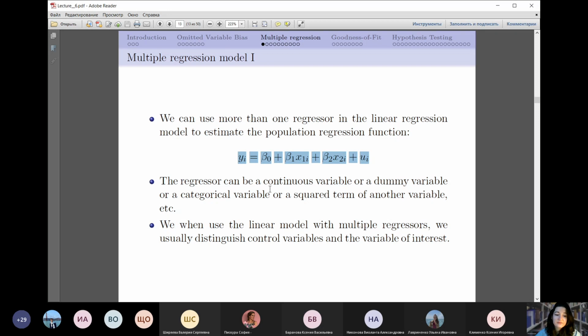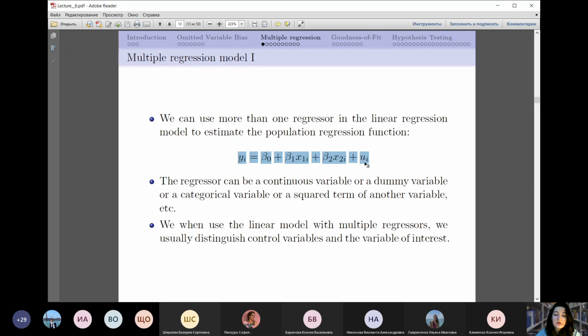Also, the terminology for the multiple regression model is similar to that for the simple regression case. Just as in simple regression, this variable here is the error term or disturbance or some stochastic term.